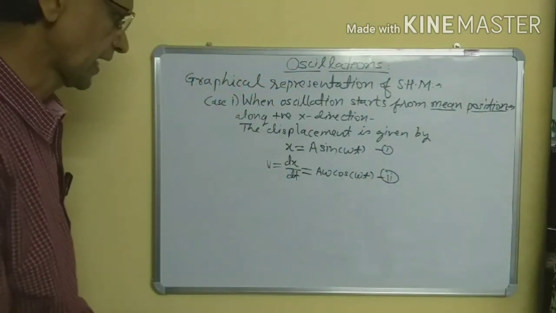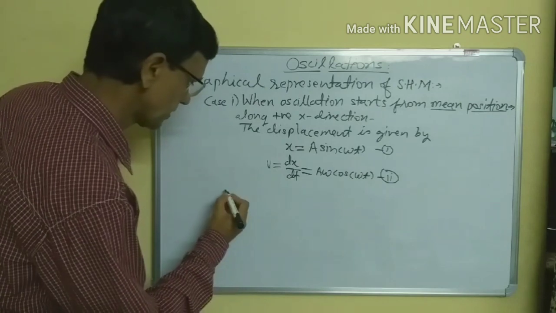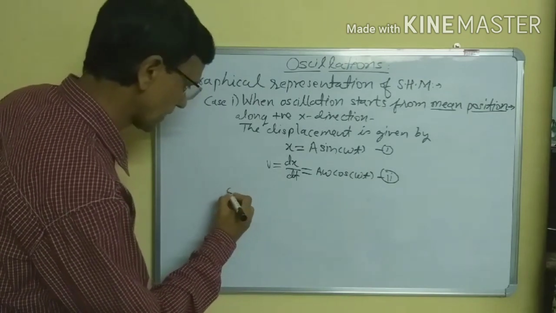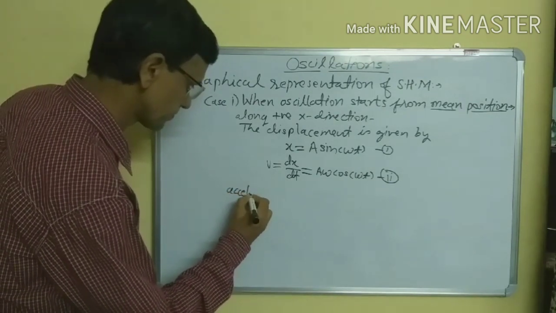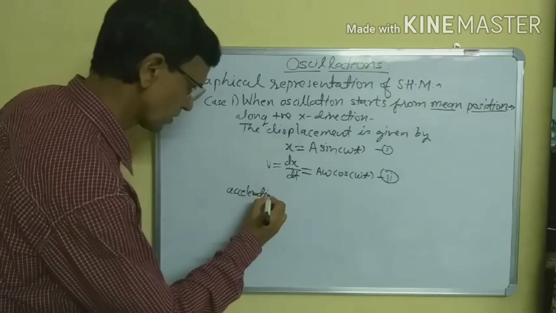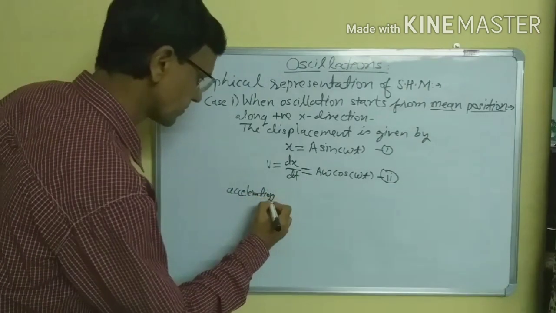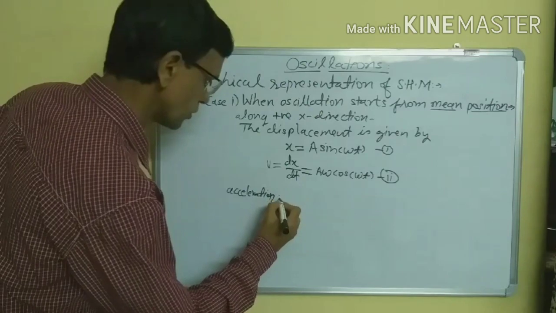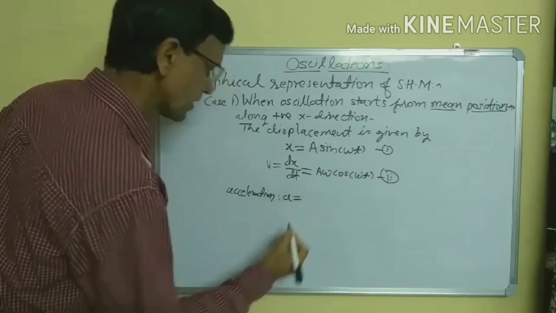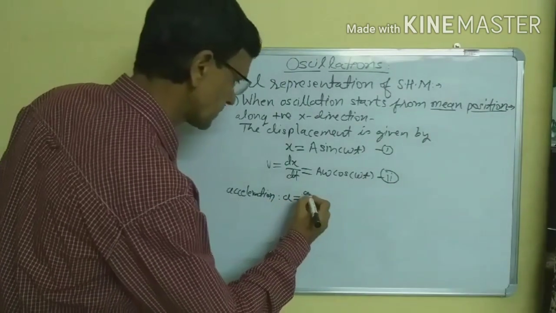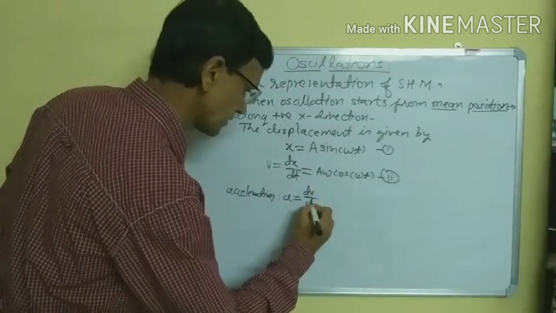Again we can find out the acceleration, which we denote by the letter A, equal to the rate of change of velocity, dv by dt.